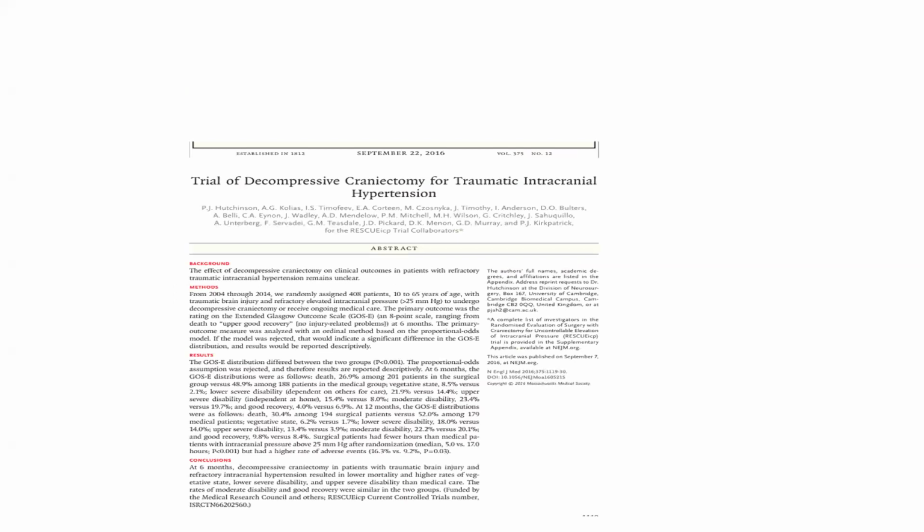Then in 2016, the RESCUEicp trial was published in NEJM, which concluded that decompressive craniotomy in patients with traumatic brain injury and refractory intracranial hypertension resulted in lower mortality and higher rates of vegetative state, lower severe disability, and upper severe disability than medical care.